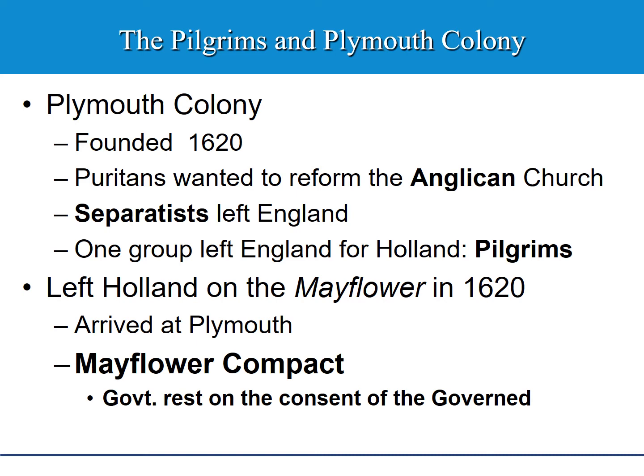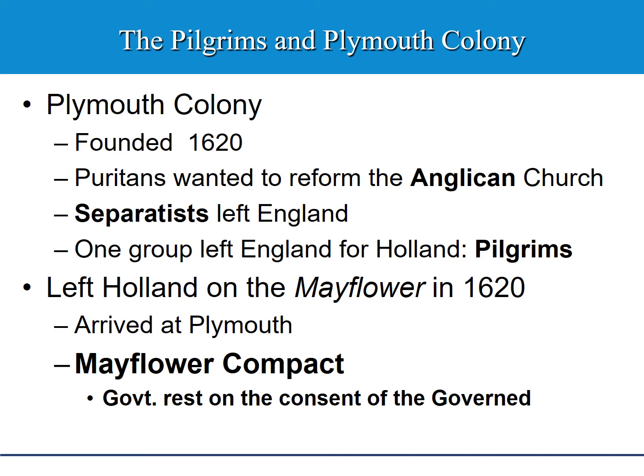The Pilgrims left Holland on the Mayflower in 1620. And they were blown a little off course, and so instead of landing in the Virginia colony, they arrived north of Virginia colony in what today is Massachusetts, and they called it Plymouth.